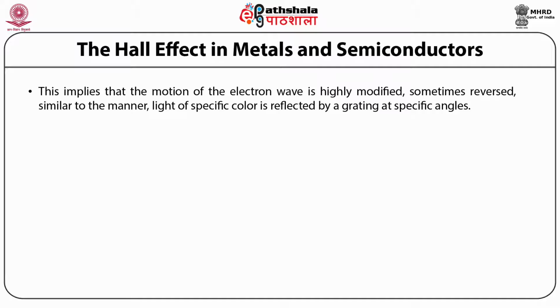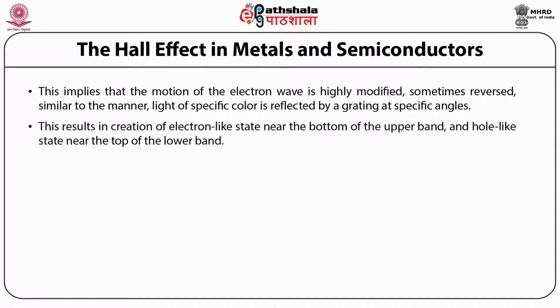Since semiconductors have a small band gap, thermal energy is enough to excite electrons to jump the band gap. This results in the creation of an electron-like state near the bottom of the upper band and a hole-like state near the top of the lower band. Both states carry current, and the hole-like state acts as a positive charge.